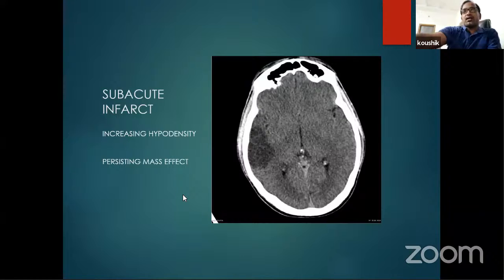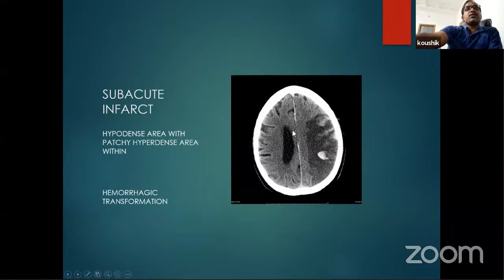In a previously appearing acute infarct, if in the follow-up CT we find some hyperdense serpiginous structures within the infarct, that indicates a hemorrhagic transformation. Here is a hypodense area, which is a subacute infarct, in which we find hemorrhagic transformation.